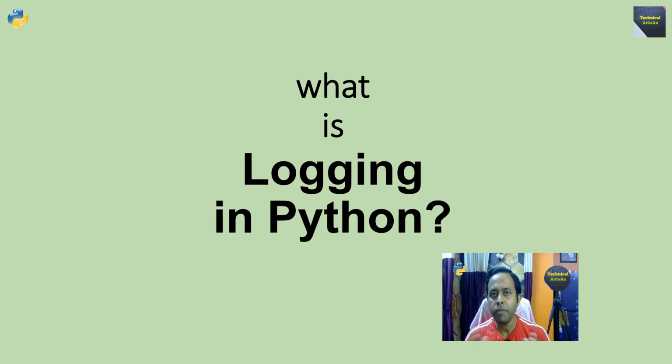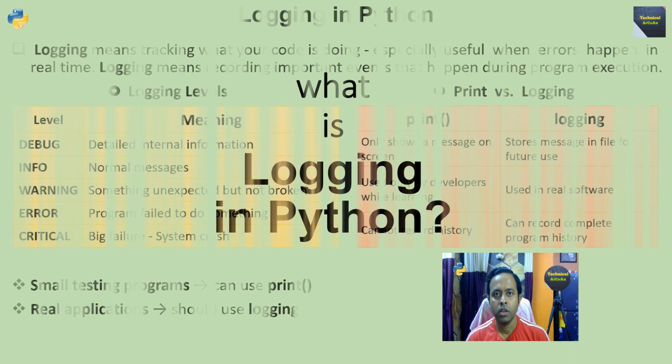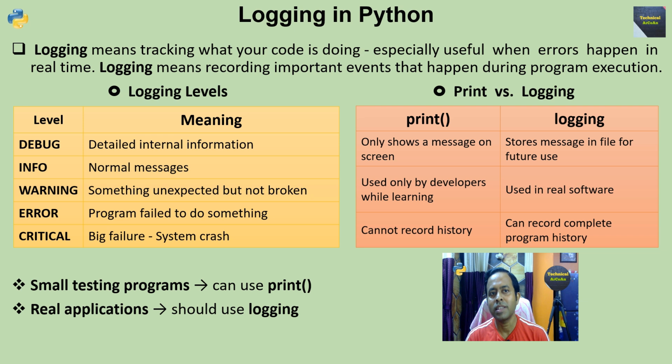The print function is only used for testing, but logging is used in real applications and real world examples. So logging means tracking what your code is doing, especially useful when errors happen in real time. Logging means recording important events that happen during program execution.